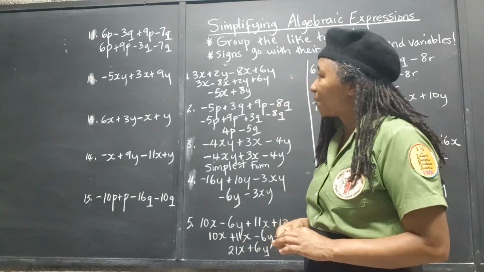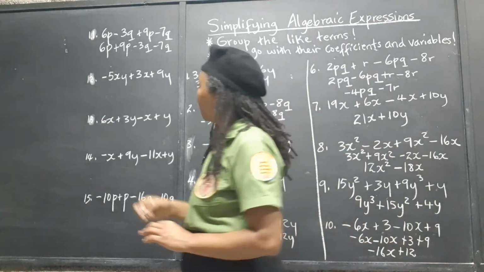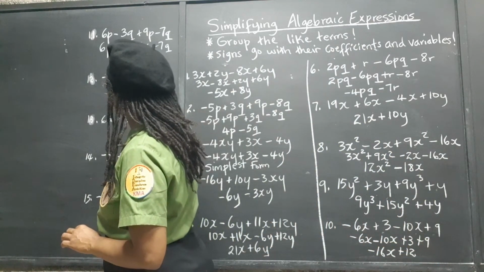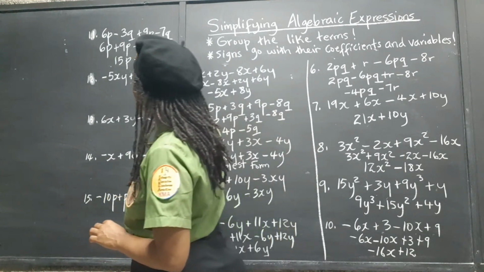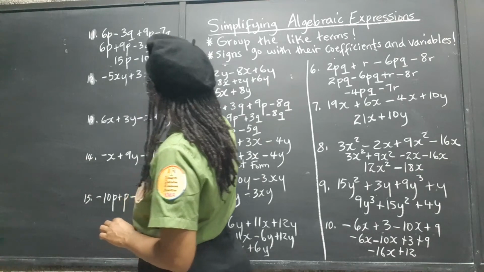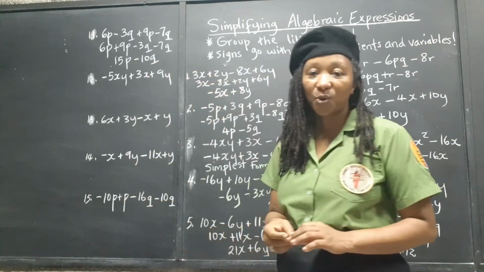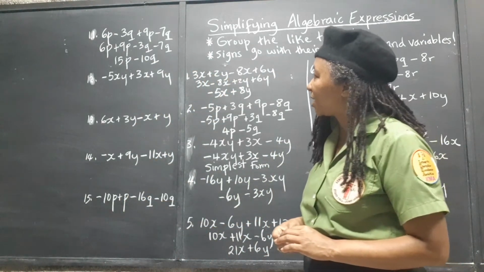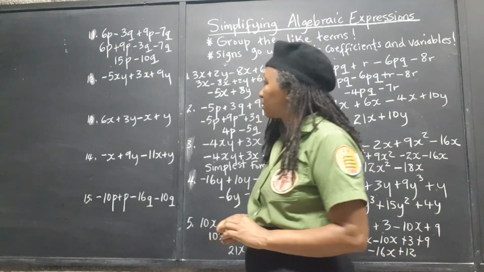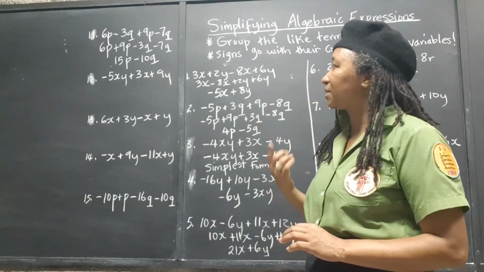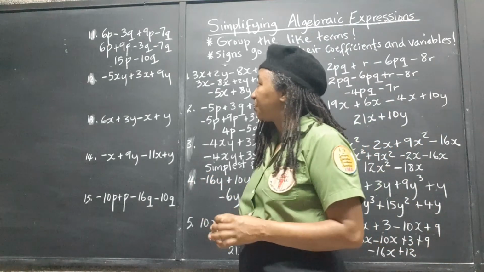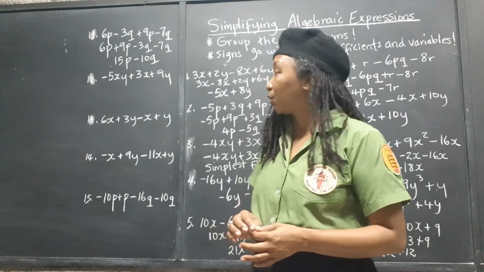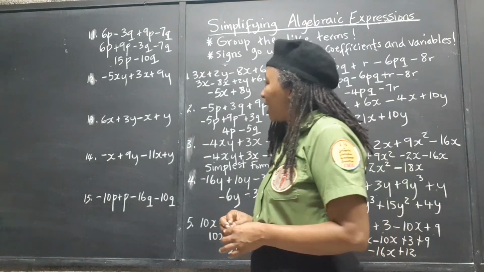So 6P plus 9P, that's going to give us 15P. Negative 3Q minus 7Q will give us negative 10Q. So we have finished with our P's and Q's, right? That's as simple as we can combine them. 15p minus 10q.